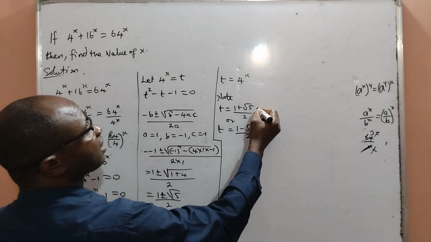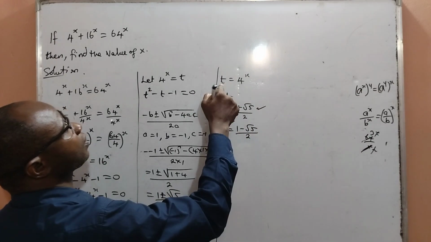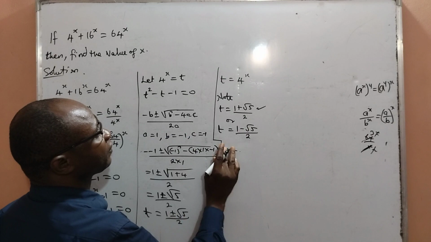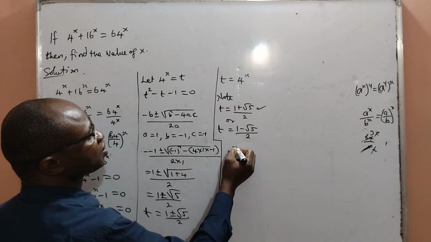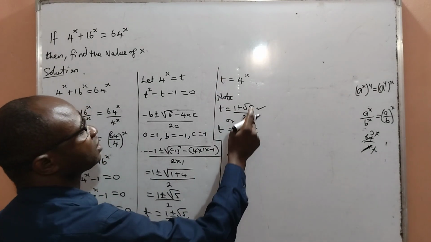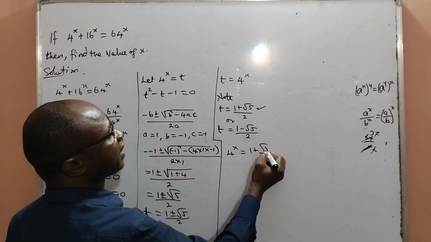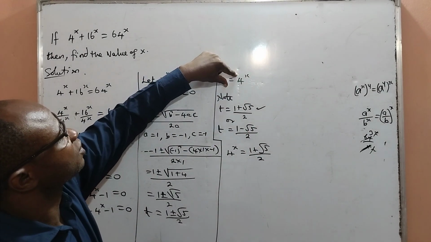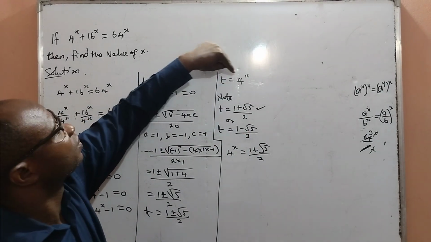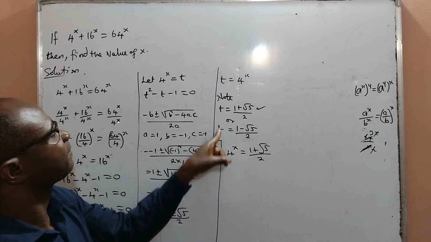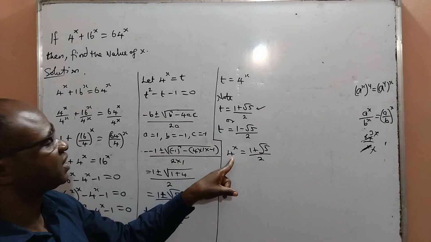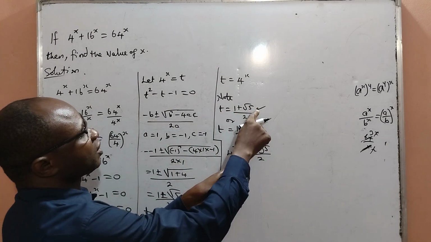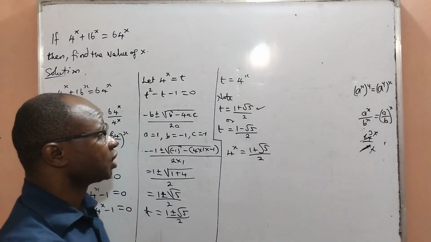Now, taking when t is equal to 1 plus root 5, 4 to the power of x is equal to t, then it is equal to 1 plus root 5 all over 2. Very good. What I have done is replace the value of t with 4 to the power of x, because I'm taking the positive part of the value of t.